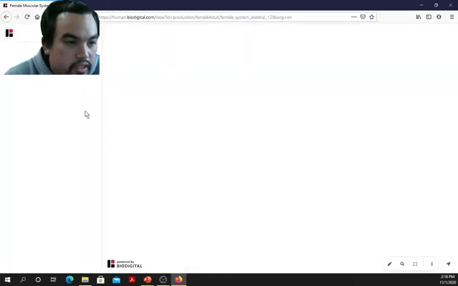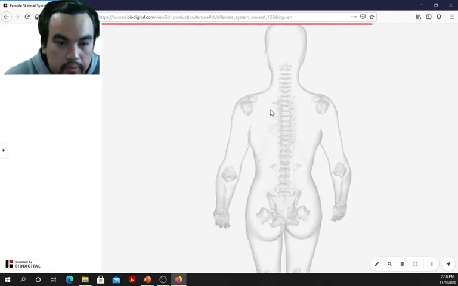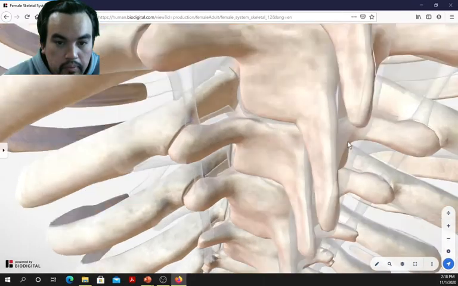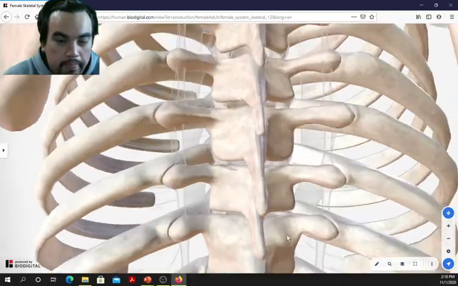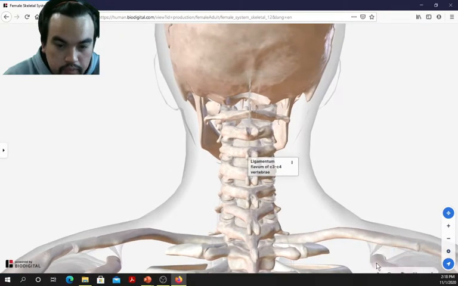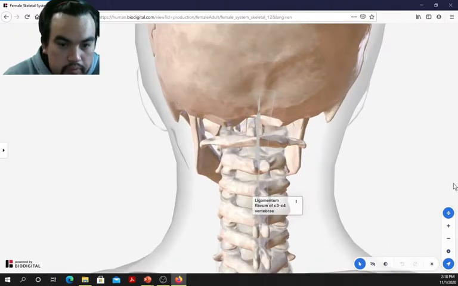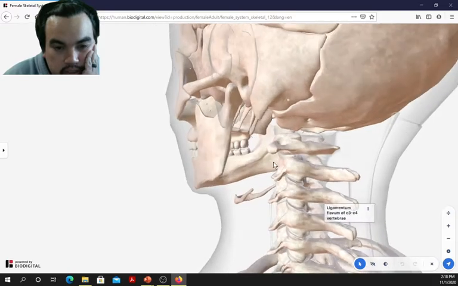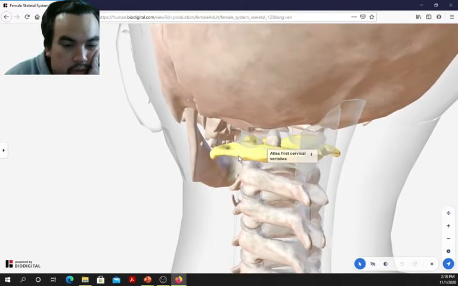Sorry guys, I just realized it probably would be easier if I just did it this way, huh? So now you can see it a little better now, right? So you can see that atlas, how it's very, very flat right here. You see that?